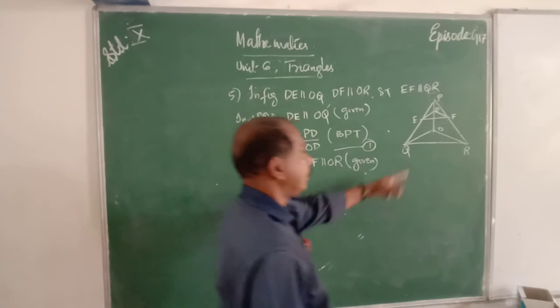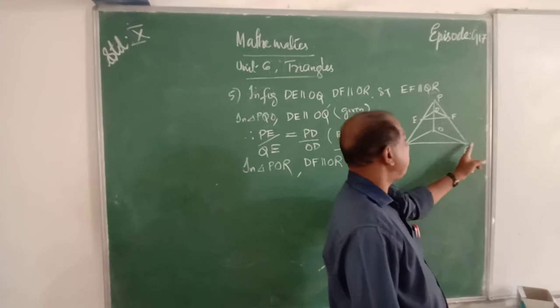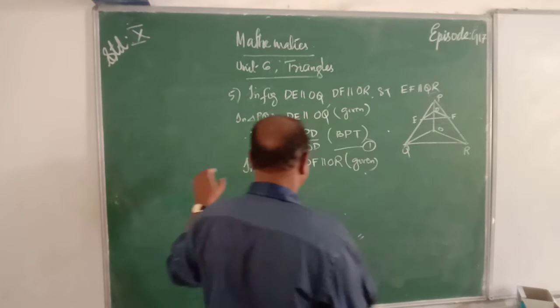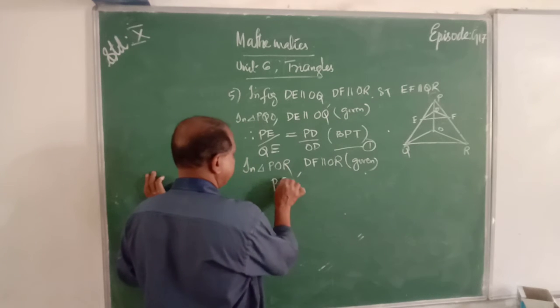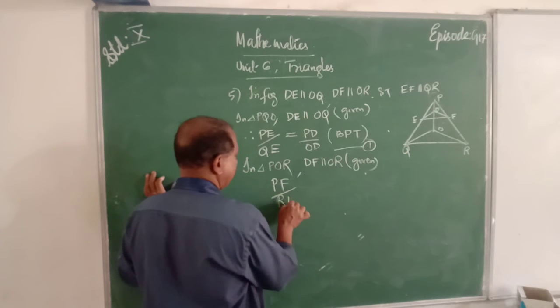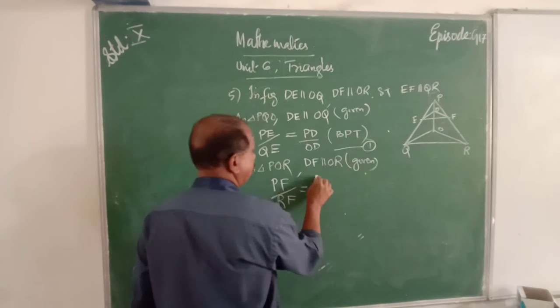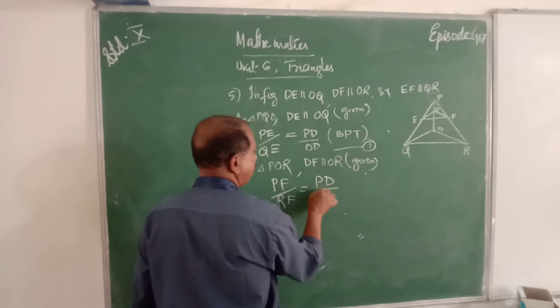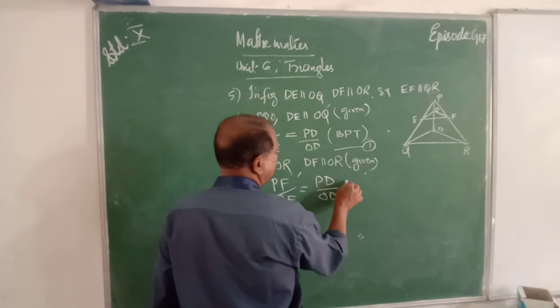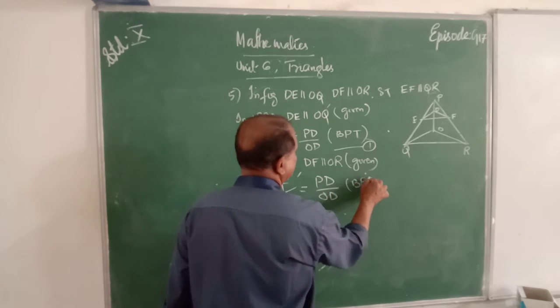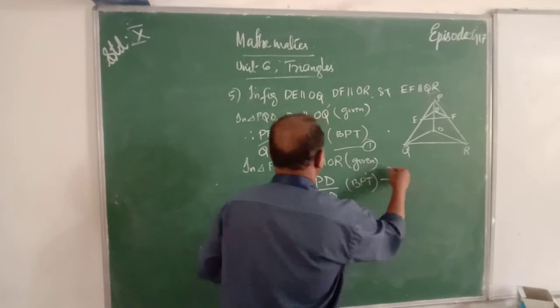Therefore, PF by RF is equal to PD by OD. That is the basic proportionality theorem, test number 2.